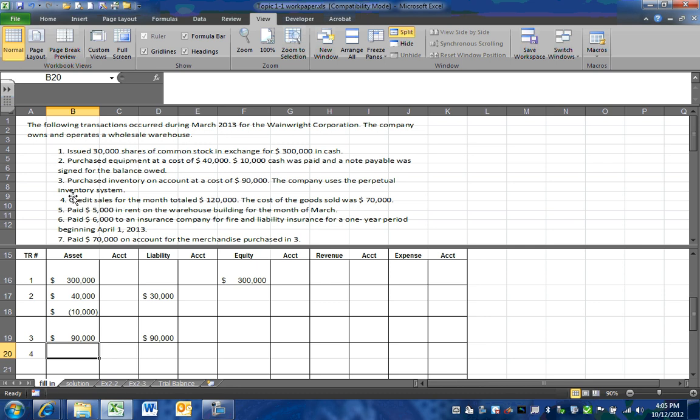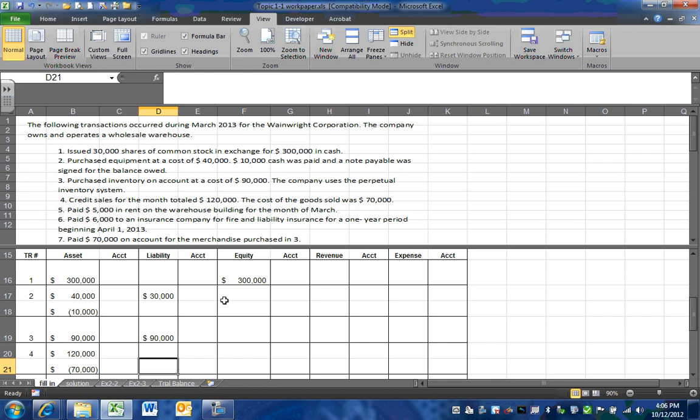So again, even though we're not receiving cash at this point, we have this intangible asset that we call accounts receivable that forms this asset. So the asset will be going up by 120,000. When the customer walks out, they're going to be walking out with goods that are worth 70,000. So we're going to be reducing our inventory by 70,000.